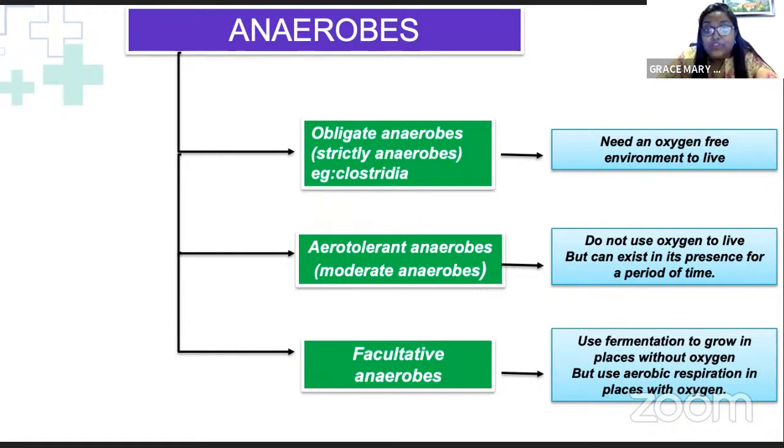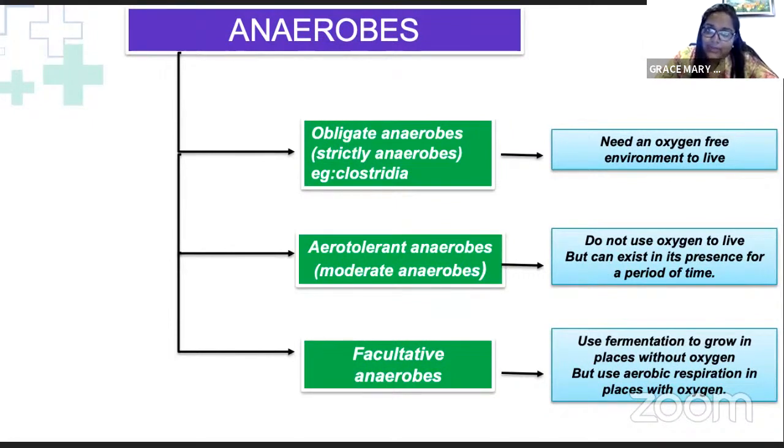And then there are aerotolerant anaerobes. These are also called moderate anaerobes. They do not use oxygen to live, but they can exist in it for a certain period of time, though not for a very long period. And then come the facultative anaerobes. Even in our gram-negative and gram-positive earlier discussions, we saw the common ones.